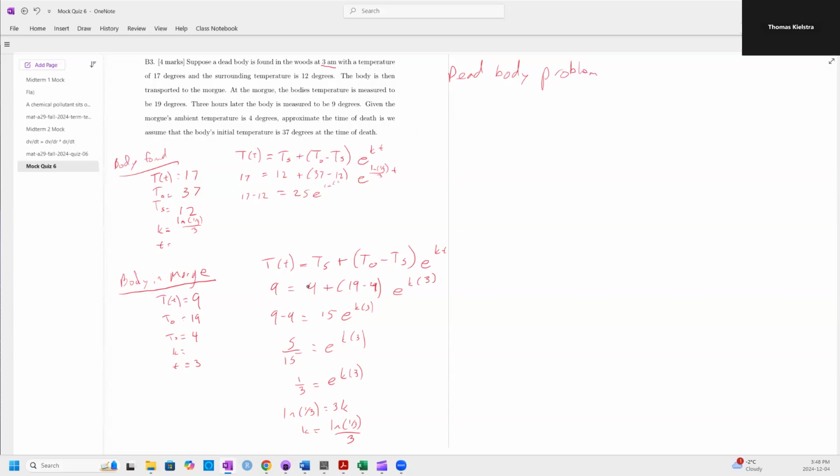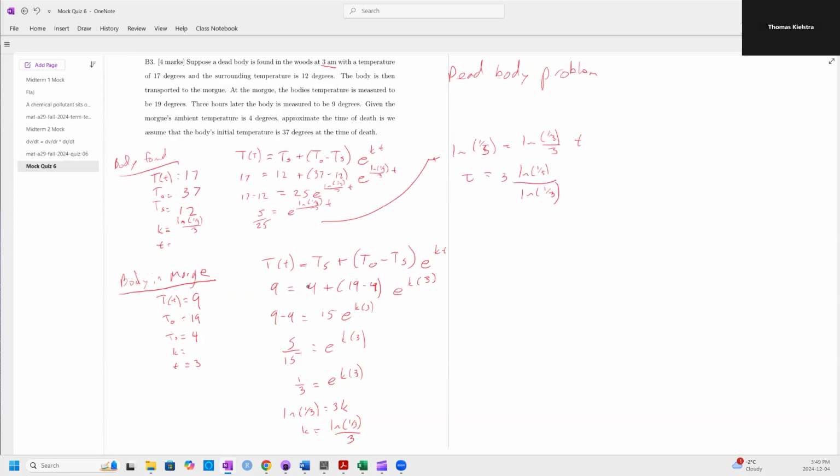So 5 over 25 equals e to the ln of 1/3 divided by 3 times t. So ln of 1/5 equals ln of 1/3 over 3 times t. So t equals 3 ln of 1/5 divided by ln of 1/3.